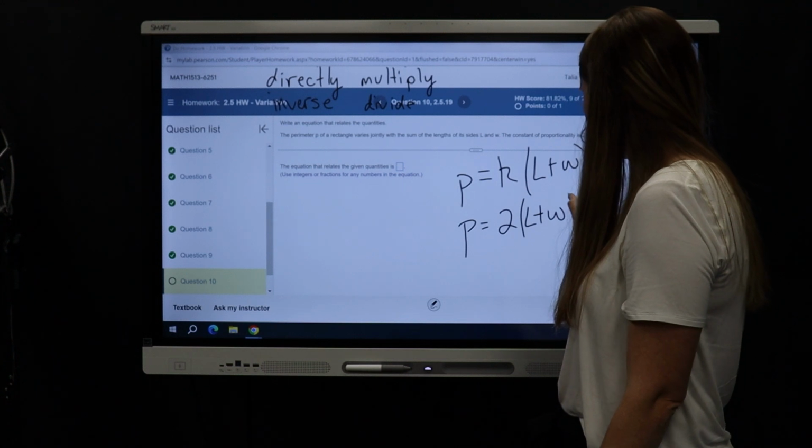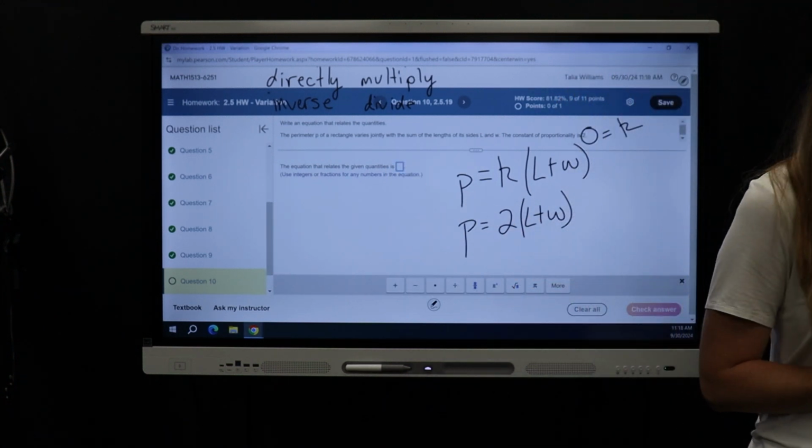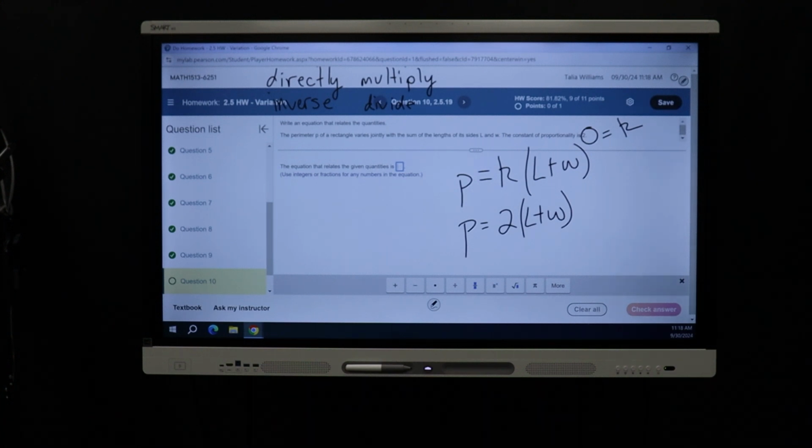So the perimeter equals 2(L plus W). On these last ones, that was the actual formula for a sphere. This is the actual formula for the perimeter of a rectangle. This is our first and only question that we have to write P equals. Like we've not had to type the equal sign in any other problems.